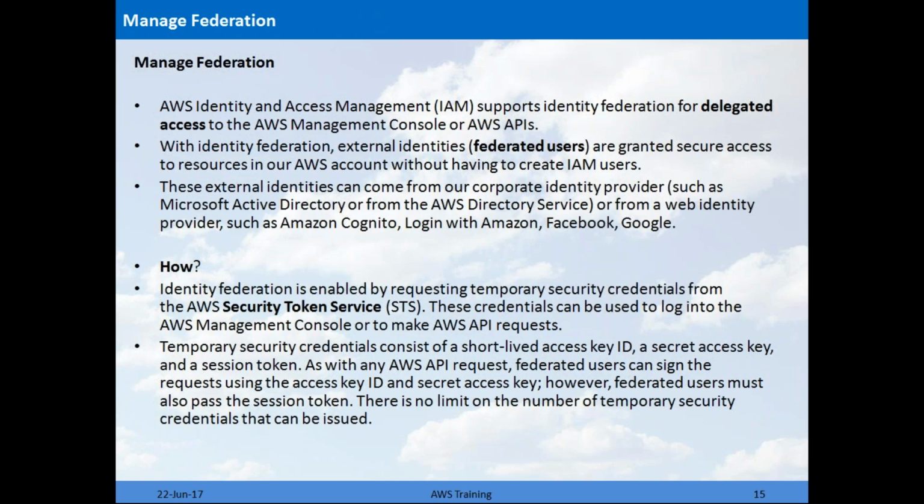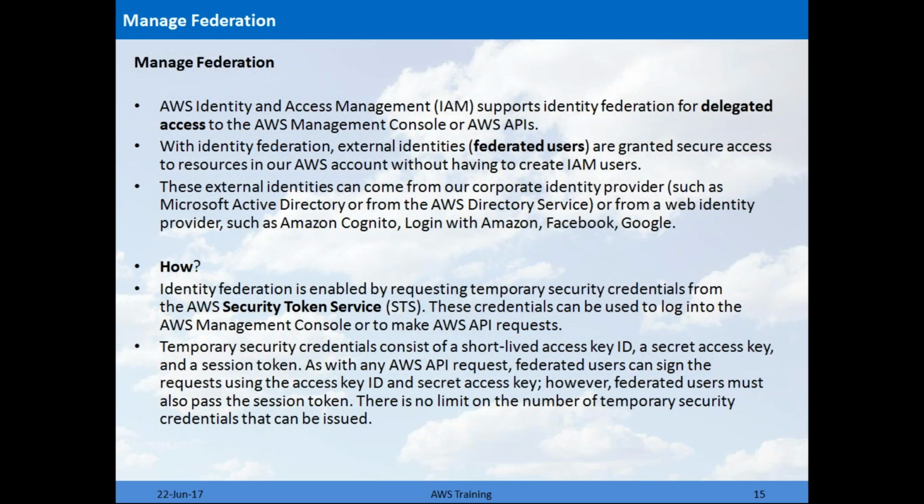Now, how will we do identity federation? It is enabled by requesting temporary security credentials from the AWS Security Token Service, STS. These credentials can be used to log into the console or to make API requests. A temporary security credential consists of a short-lived access key ID, a secret access key, and a session token.